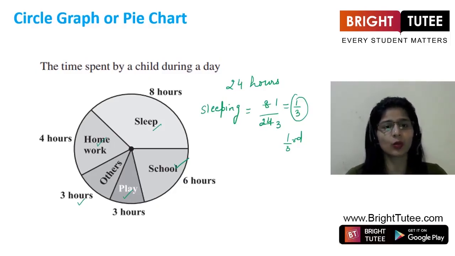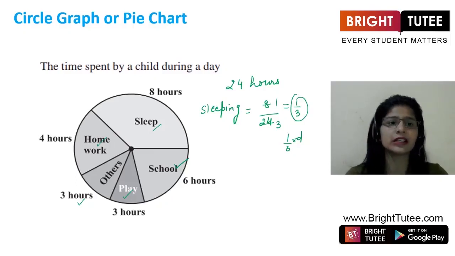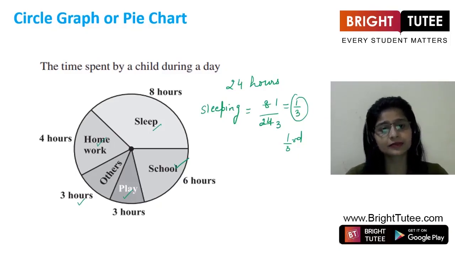So what does a pie chart or circle graph represent? It represents a part of the whole, right? The whole is this complete circle and it is representing a part of it. Clear? It represents the information in the circle, and it also gives us the fraction.